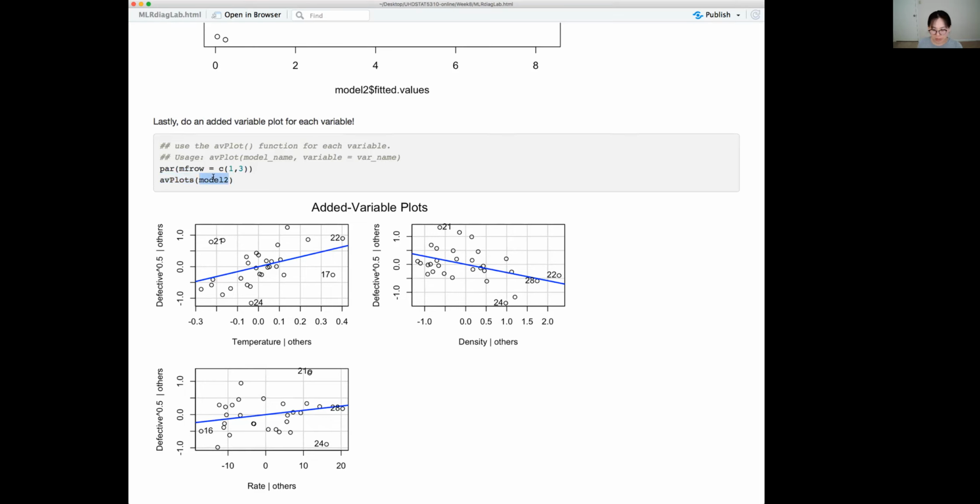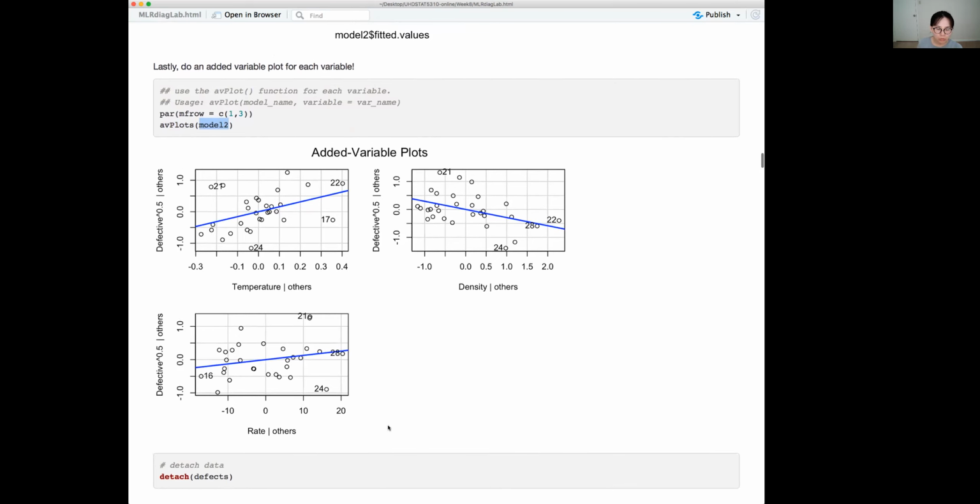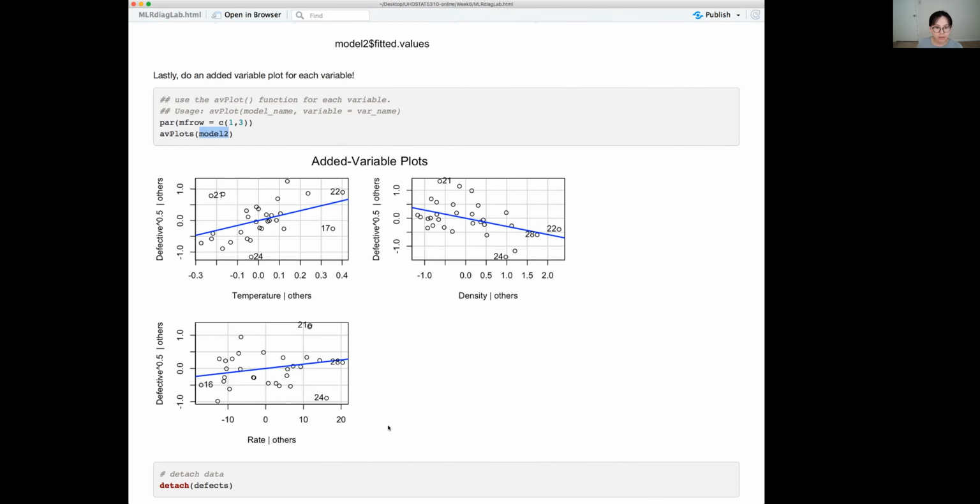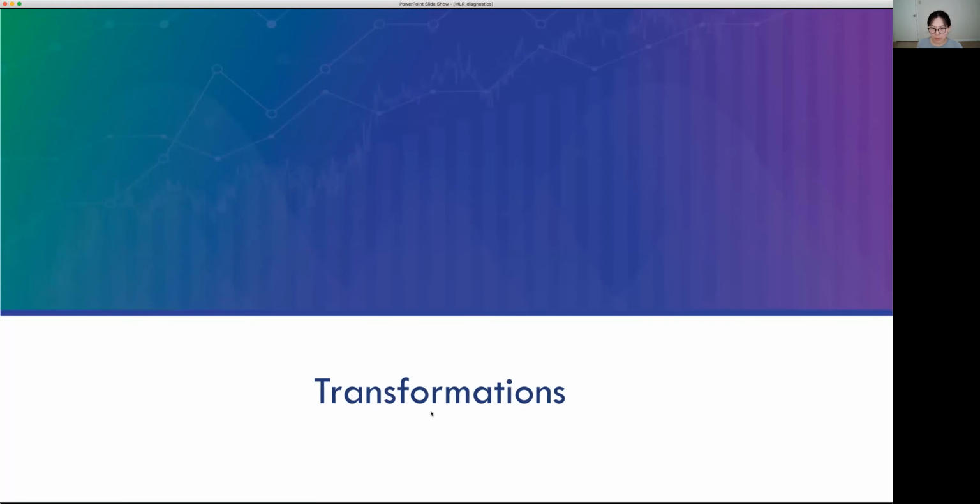The model I put here is after the transformation we did, but this is how you do the added variable plots, and you look at how each of your predictors is contributing to predicting your response. I'm just showing you how to get these added variable plots, and let's go to the transformation part.